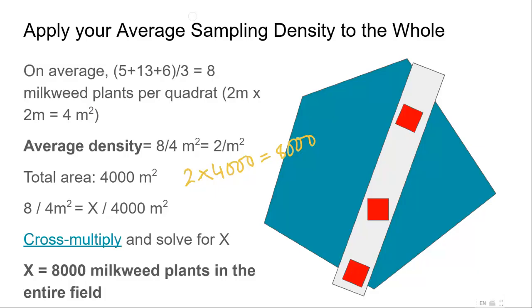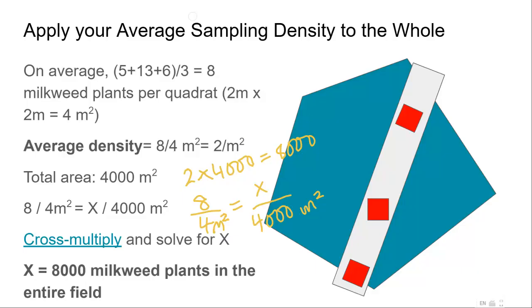You can also, if you don't want to divide it out, cross multiply. There's another video on this. Feel free to watch that if you're confused about what I'm doing here. But if 8 milkweed plants in 4 square meters, and we're assuming that we have the same density in the whole entire sampling area, then this should equal x over 4,000 square meters, if that's the total area.